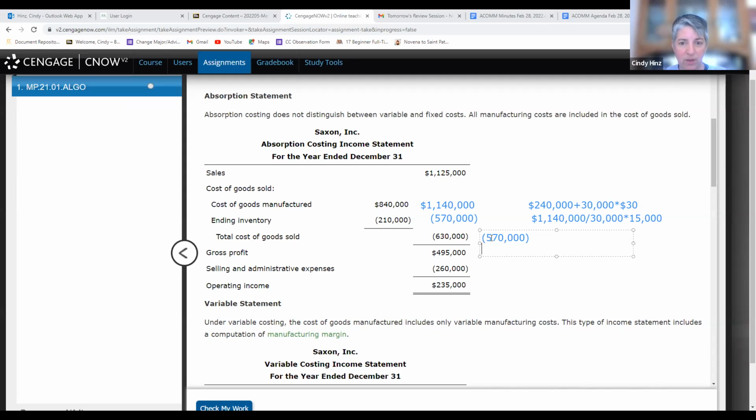Our gross profit goes from $495 up to $555. Selling and administrative are going to stay the same because we're still selling the same number of units that we were selling before. And I know those aren't lining up exactly where I would like them to.